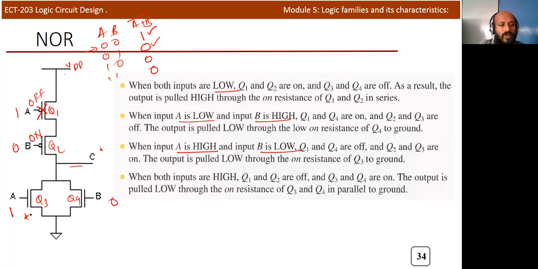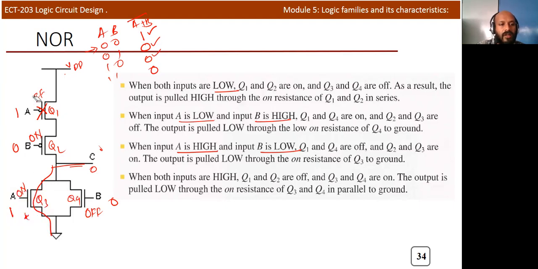At the lower portion, Q4 is in the off condition because 0 is connected at its input terminal. But the other transistor is on because we are applying 1 here. So there is a path to ground, and you can observe a 0 ground potential at the output side. So the third condition is valid.